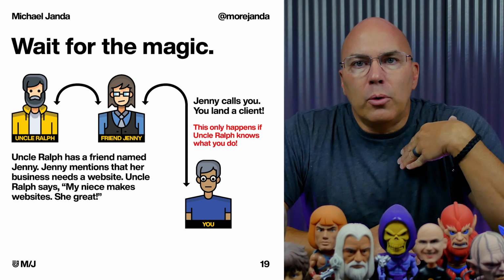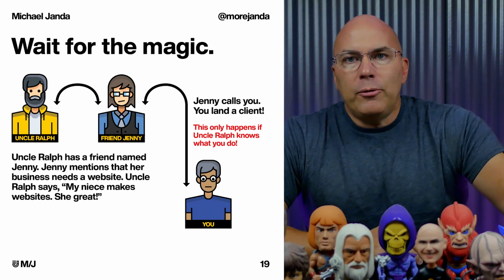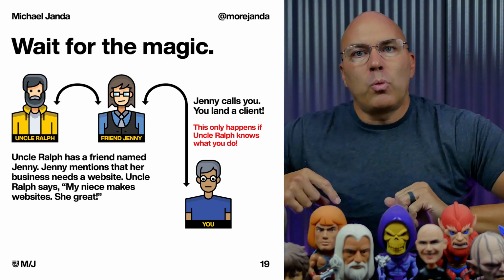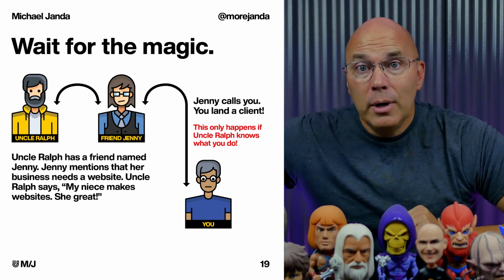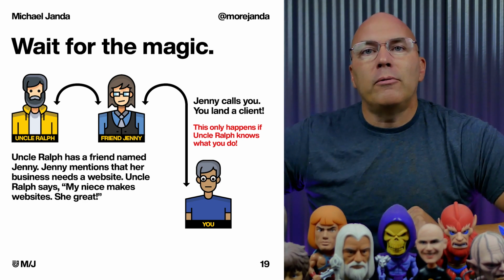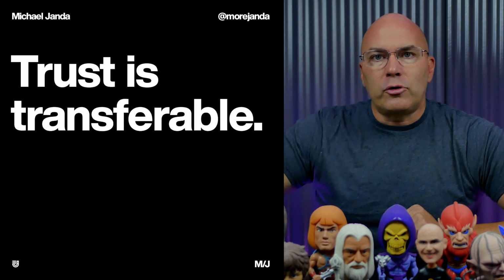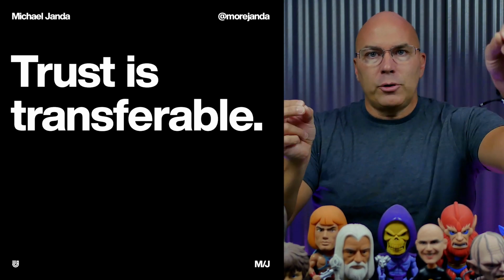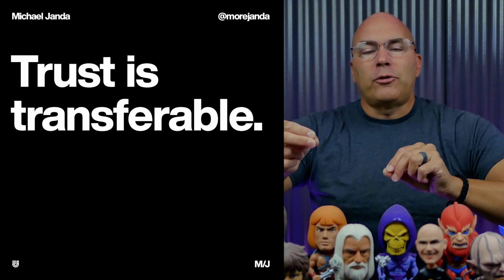Now, if Ralph trusts you and Jenny trusts Ralph, and Ralph says you should work with you, then you're going to get the business because of that trust. That trust is transferable from Jenny to Ralph and Ralph to Jenny. It's transferable. Now, I built my agency on this principle. My first 3 clients were people I knew.